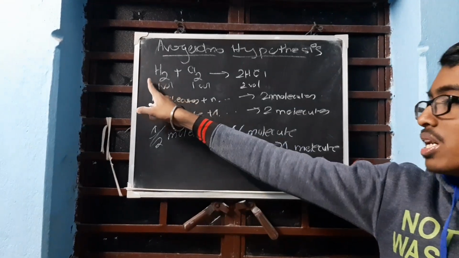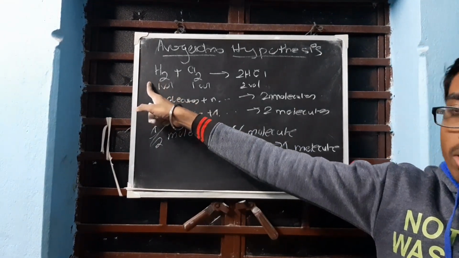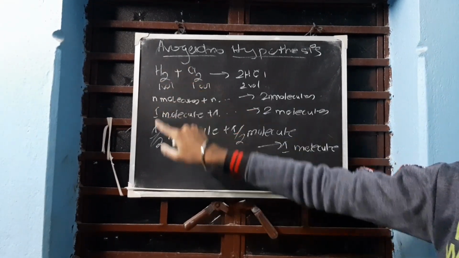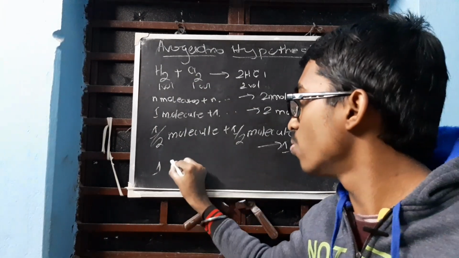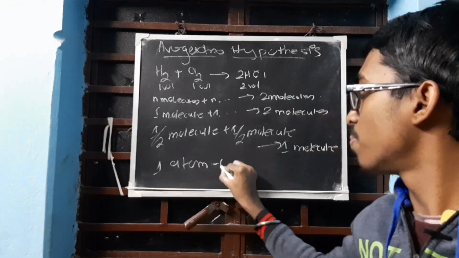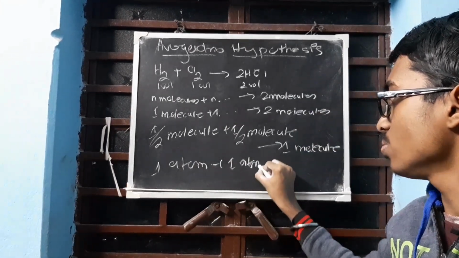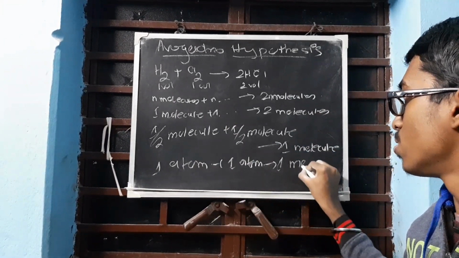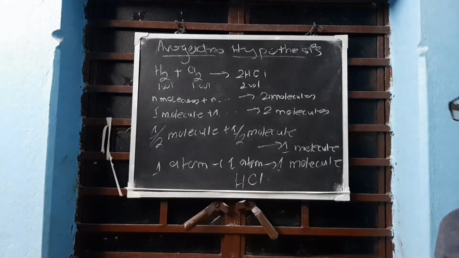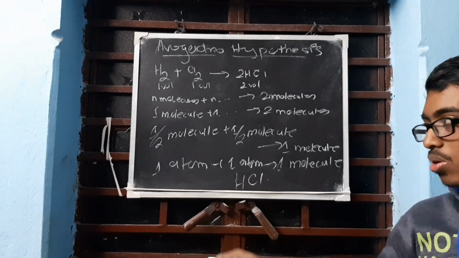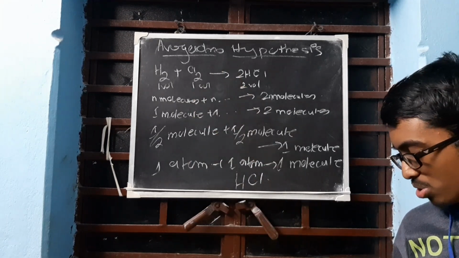Suppose here hydrogen is diatomic, we already know. This is also diatomic, we already know. Half molecule means one atom plus one atom, one molecule. So what can be the possible formula? HCl only. So this is how you are going to determine the formula using Avogadro's law.